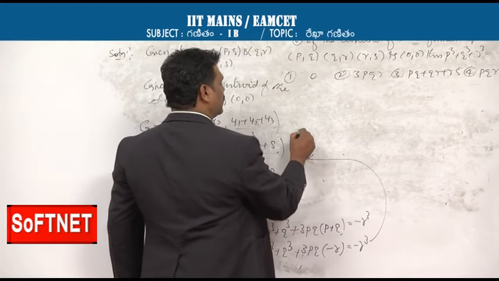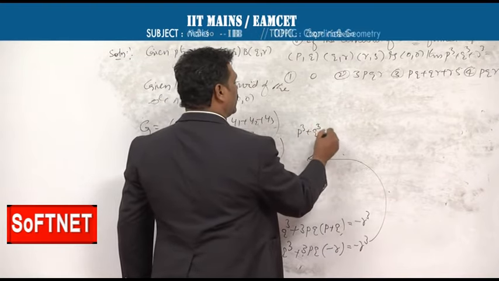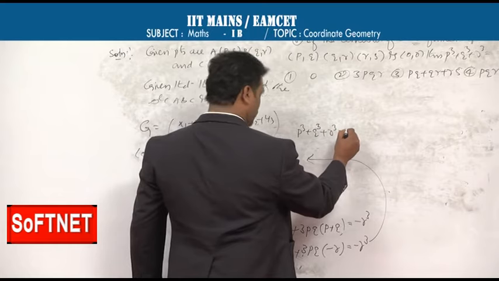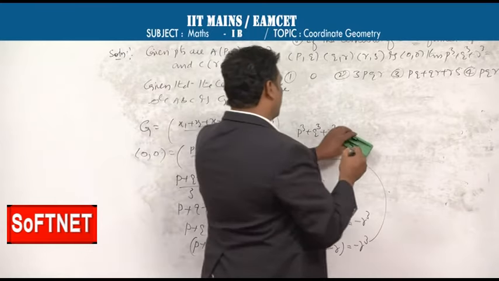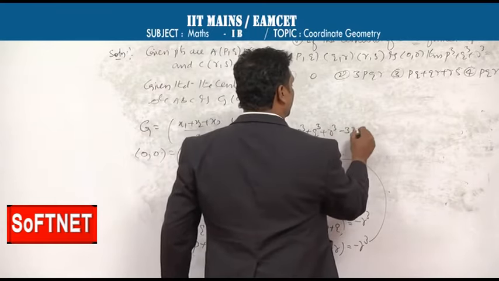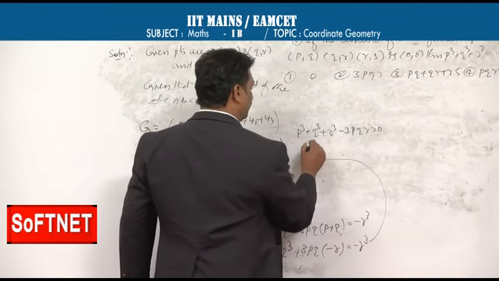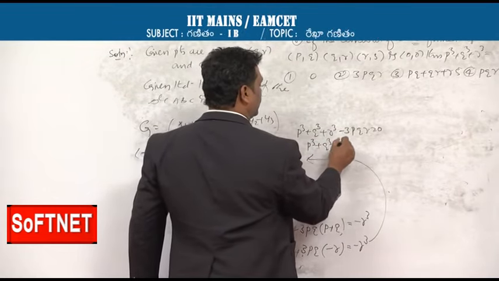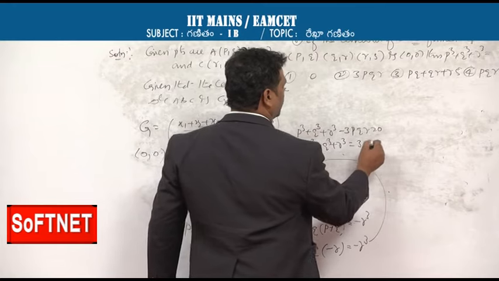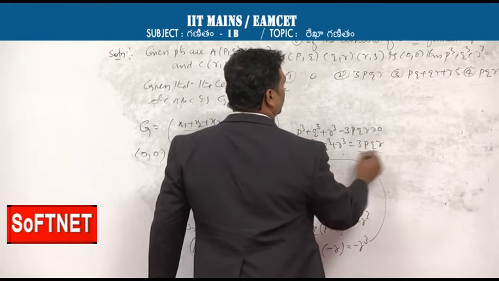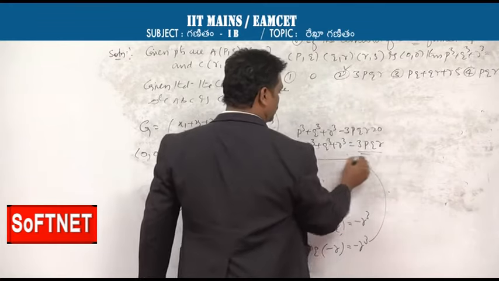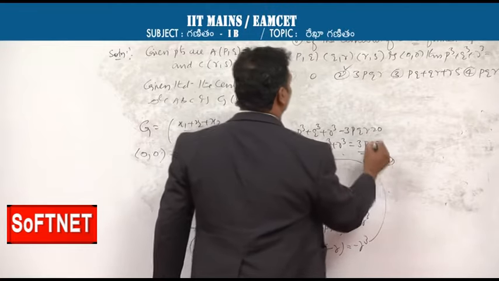Therefore P cube plus Q cube plus R cube minus 3PQR is equal to 0. So here P cube plus Q cube plus R cube equal to 3 into PQR. So here the option is 2. So here the answer is 2.